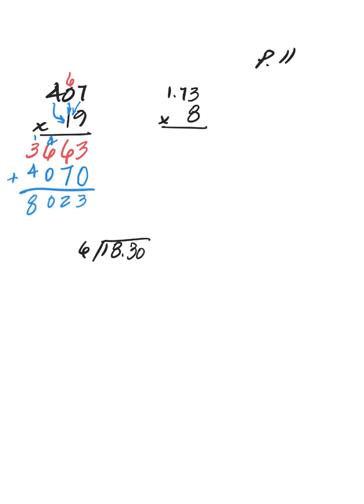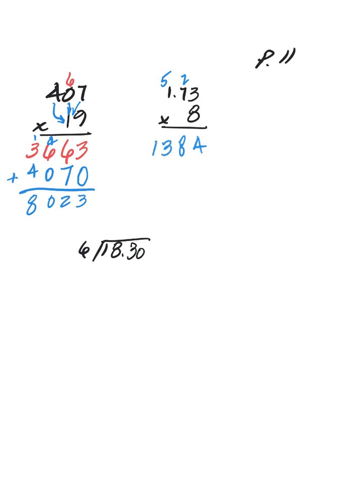So we're going to multiply the 3 times 8 and get 24, carry the 2. 7 times 8 is 56, add the 2, carry the 5. 1 times 8 is 8, plus 5 is 13.